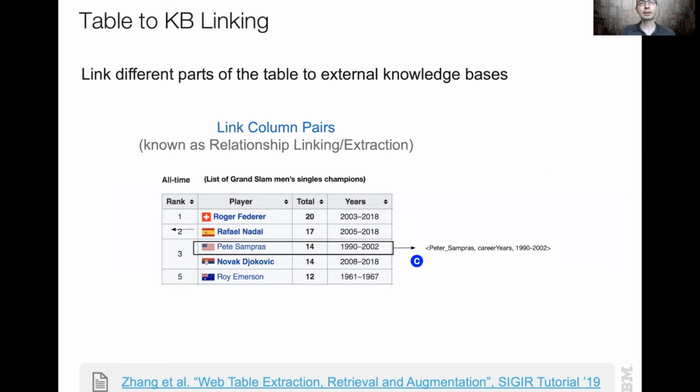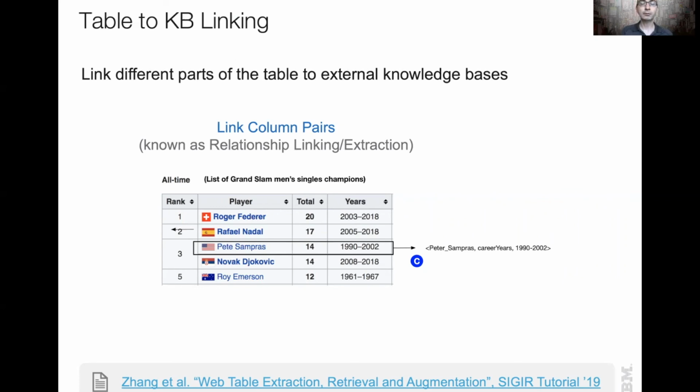The next task has to do with linking pairs of columns by using the knowledge base to identify the relationship between them. And this is why this is also referred to as relationship linking or relationship extraction. As an example, we want to use the knowledge base to identify that the years column corresponds to the career years of the players that are mentioned in the player column.